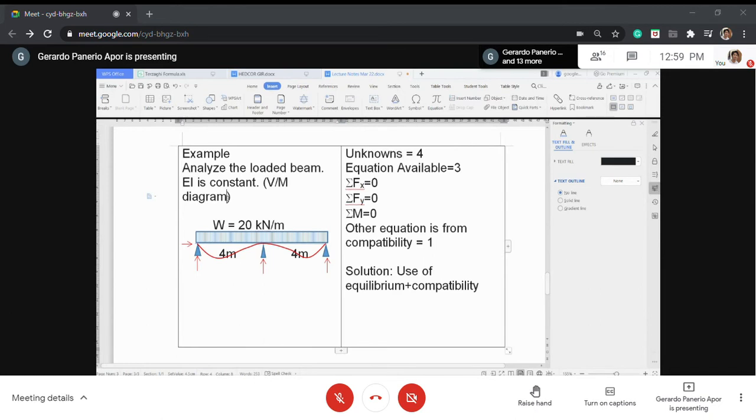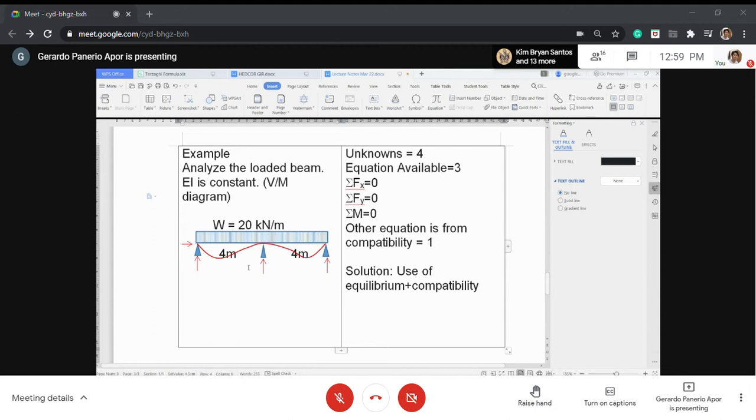But if you don't have shear and moment as your basis, you don't know what section you are going to use. So you just use a section, maybe, but you don't have any basis. So to have a basis, you have to analyze. That's why analysis of structure is important.